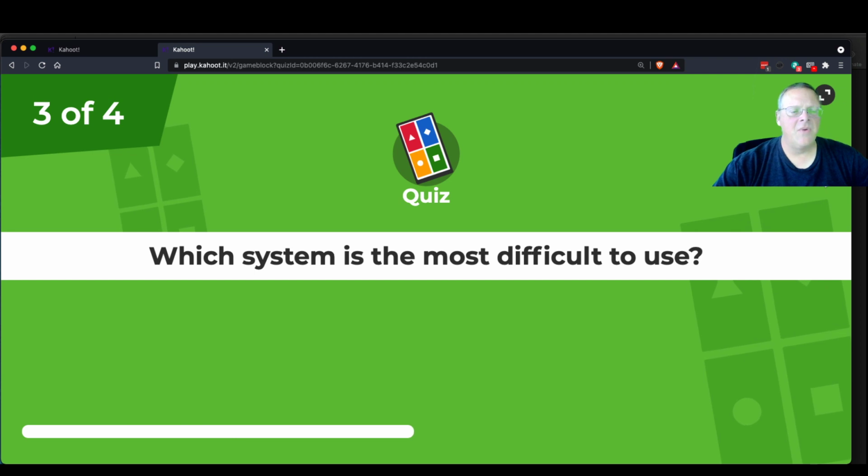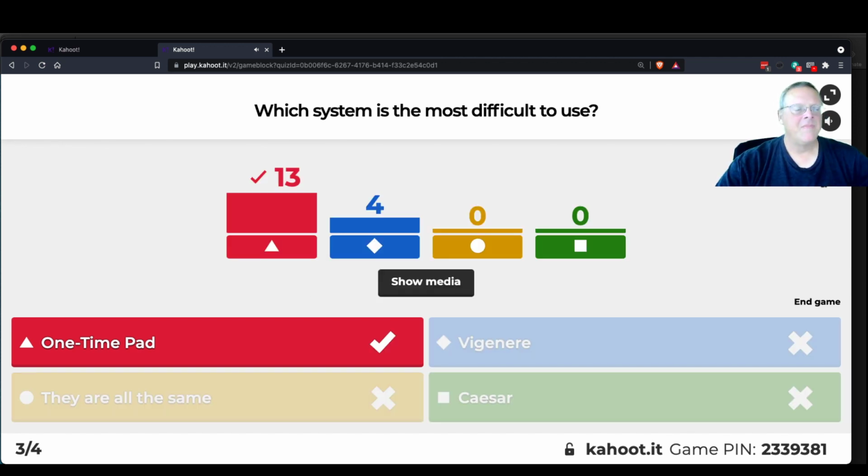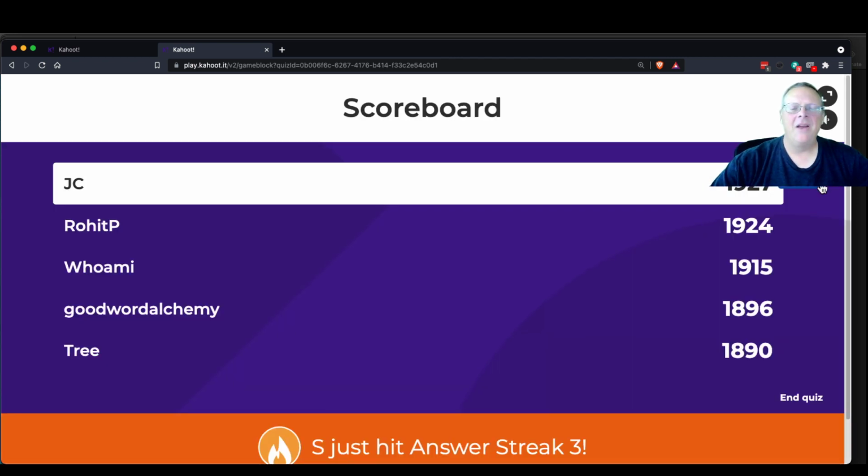All right, which one is the most difficult to use? The one-time pad has a serious key distribution problem. All right.